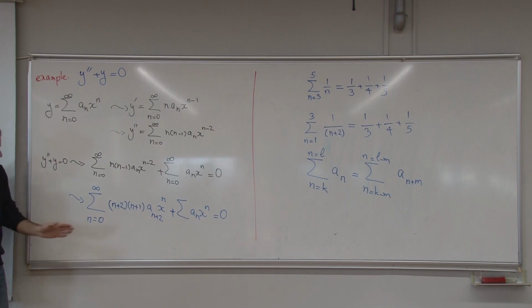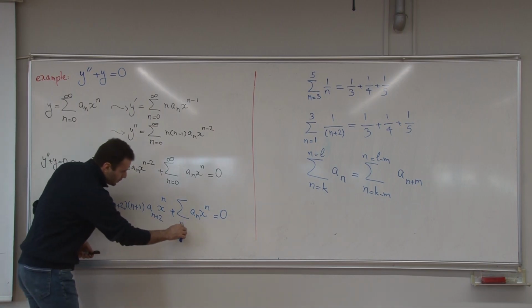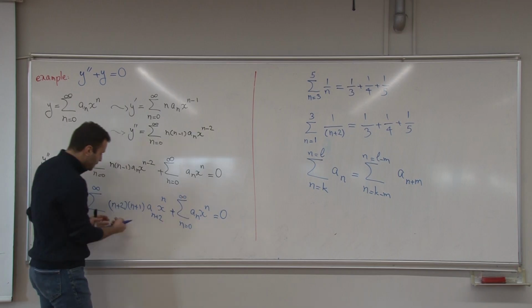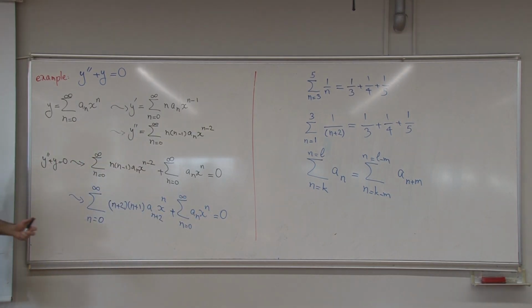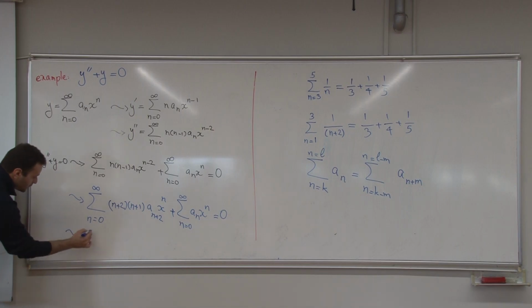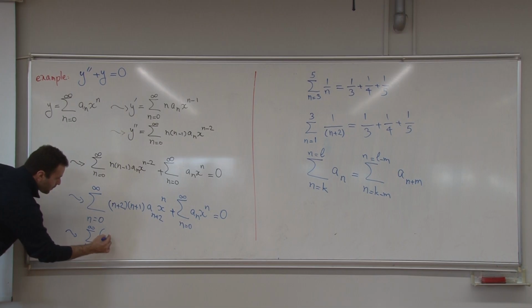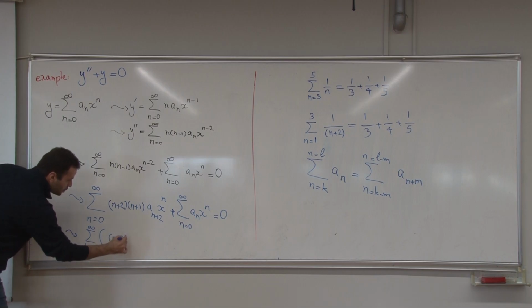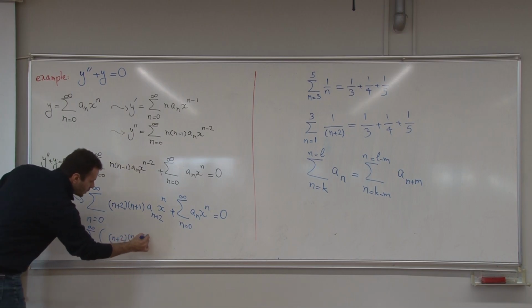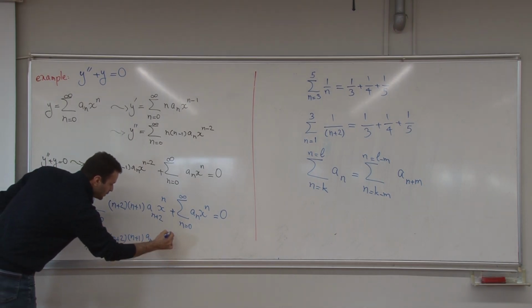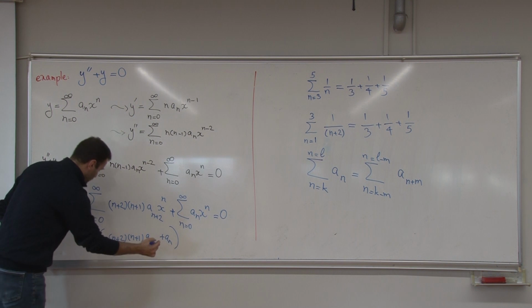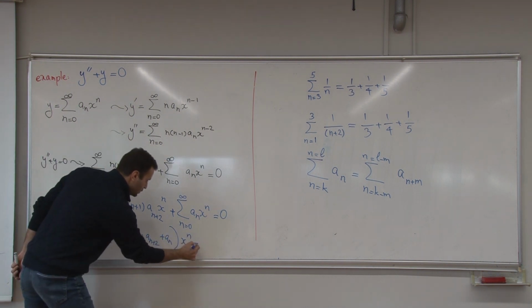Now look at this. Our indexes for the series are the same, the x to the power of n are the same. So I can write this as the sum from n equal 0 up to infinity of (n plus 2)(n plus 1) a_{n+2} plus a_n, this whole thing, times x^n, equal to 0.